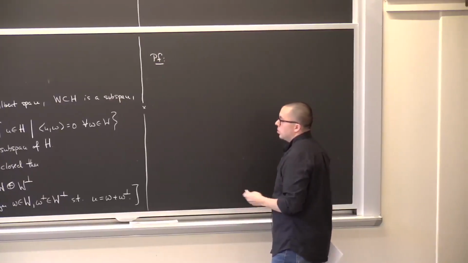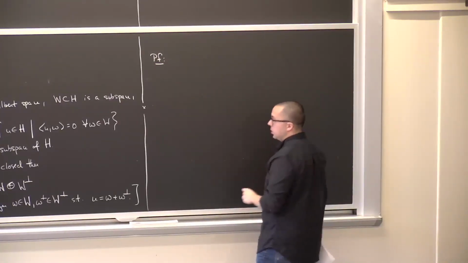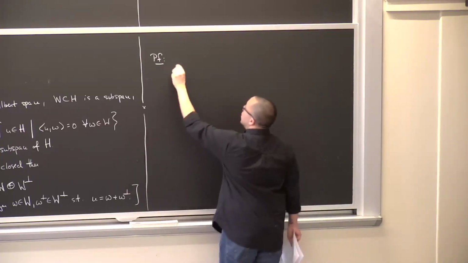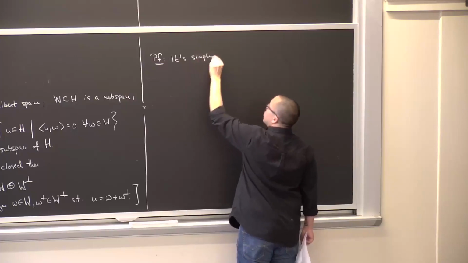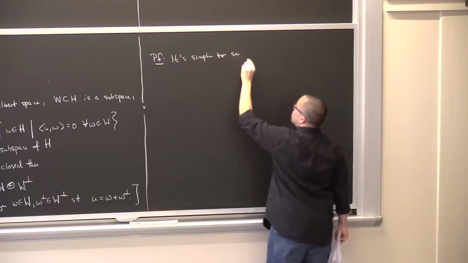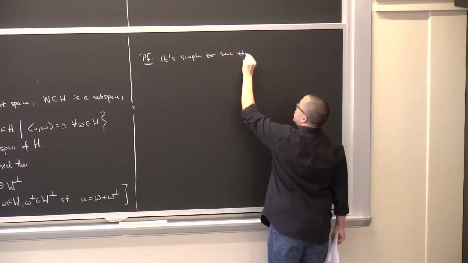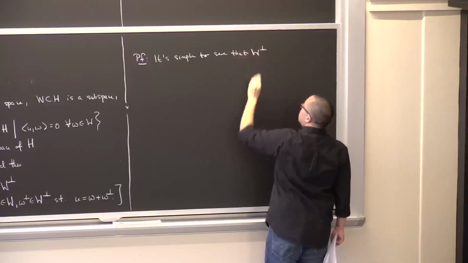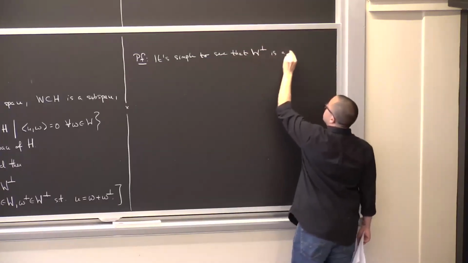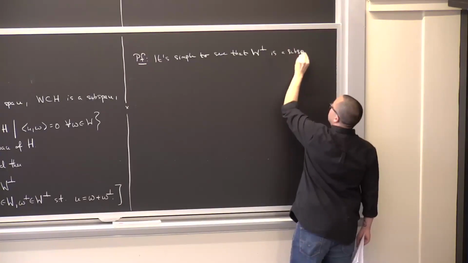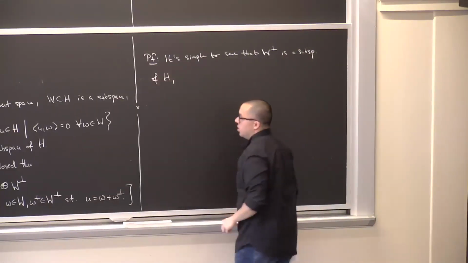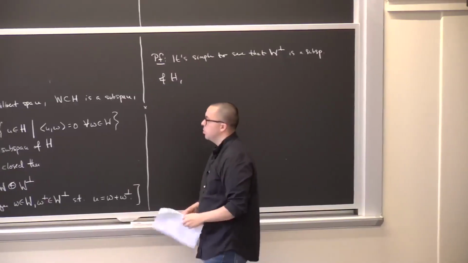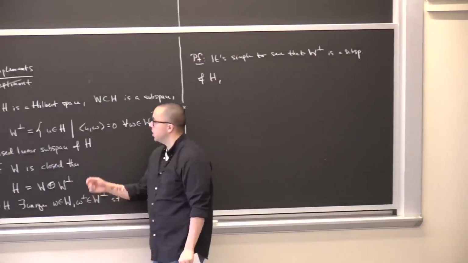So it's simple to see that W perp is a subspace of H. What I have to check is that linear combinations of elements of W perp remain in W perp, but this is kind of clear.